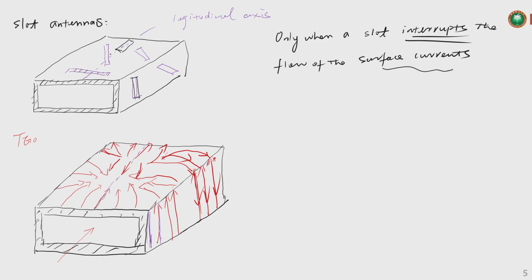But all these other slots like this one will have radiation out from the slot. So this is the condition for such a kind of slot, and this is for the rectangular waveguide.